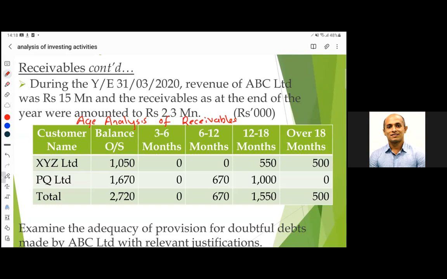This is given in thousands. This kind of statement is usually generated by the company's accounting system. At any point in time, you can have this analysis from your accounting system.